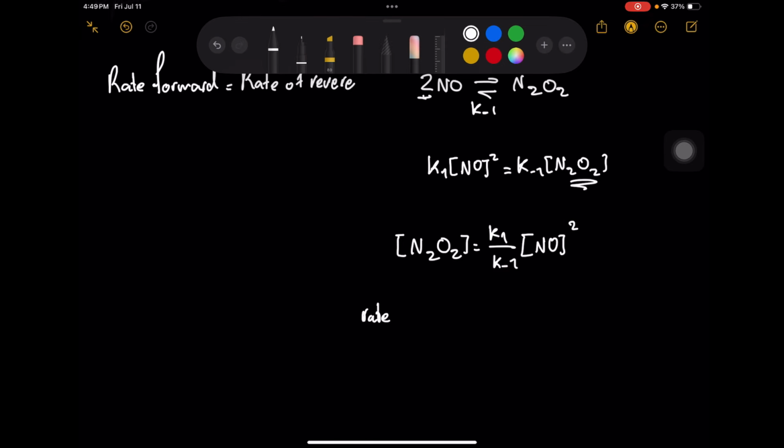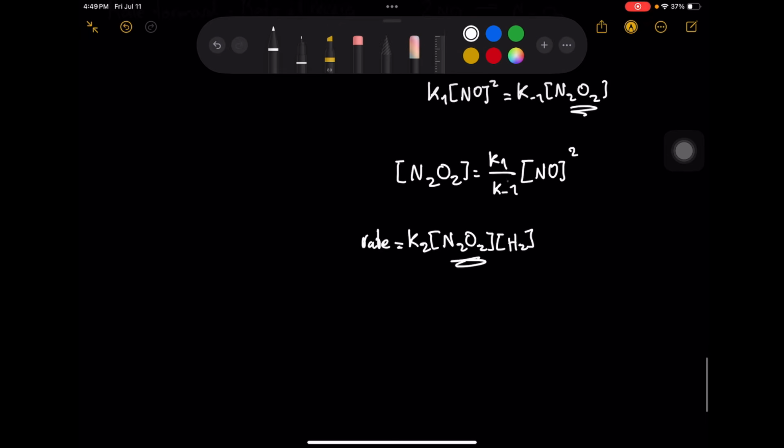The rate of the slow step was K2 N2O2 H2. And now instead of N2O2, we found that N2O2 is equal to K1 over K negative 1 times NO to the power of 2. We try to put this equation here instead of N2O2.